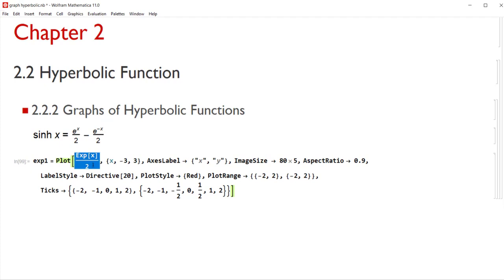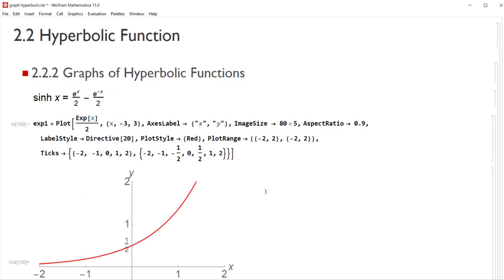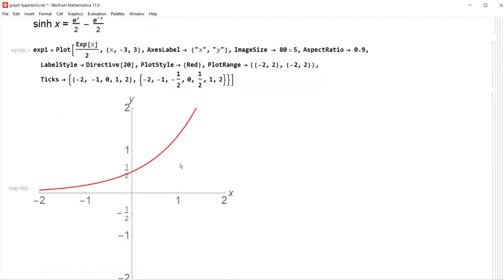Now we try to sketch, and you will get the graph like this. This one is e power of x divided by 2. You see the cross section is at y equal to 1 over 2 here, and the graph does not touch y equal to 0.